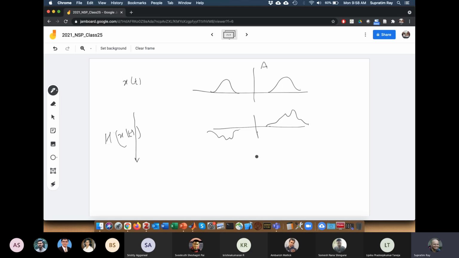which shifts the phase of only one side by 180 degrees. So it will keep the phase here as it is, but it will flip the phase on the other side by 180 degrees.